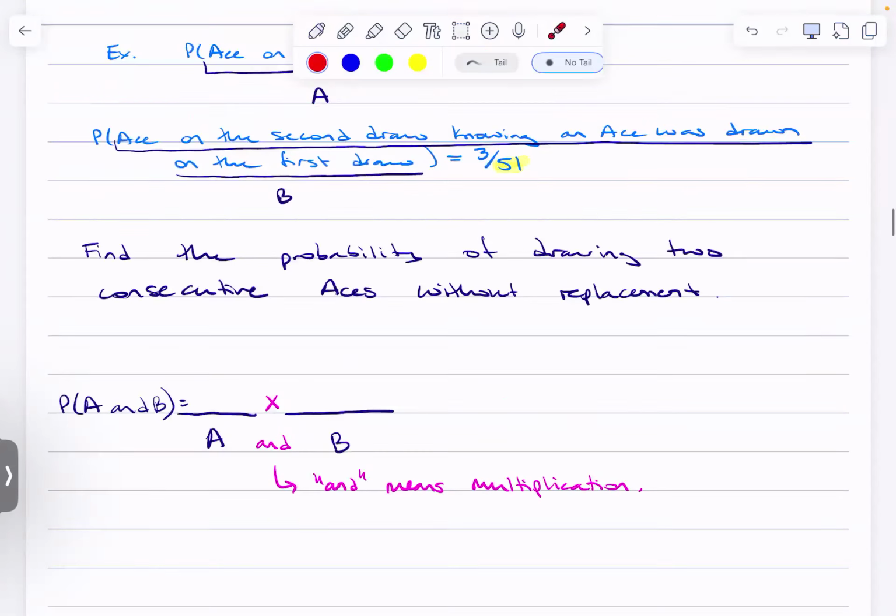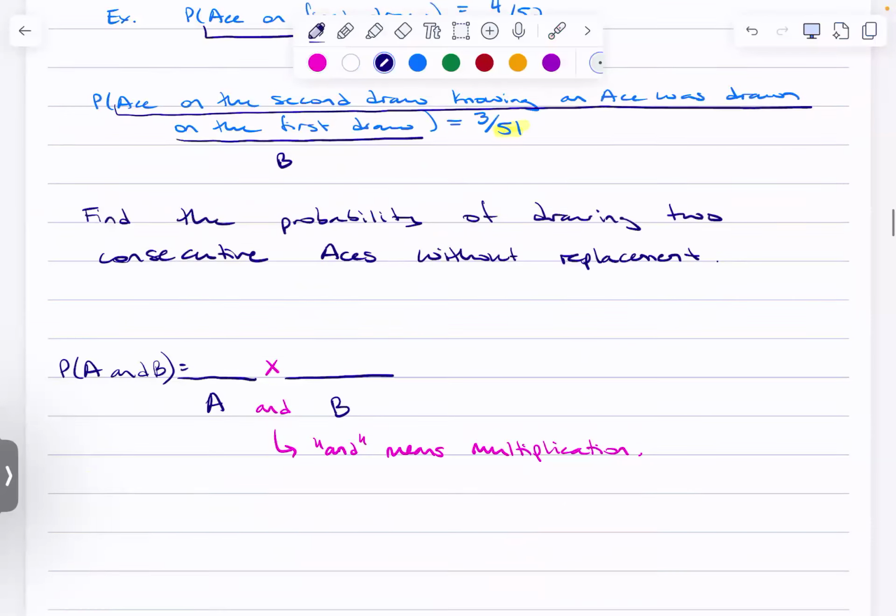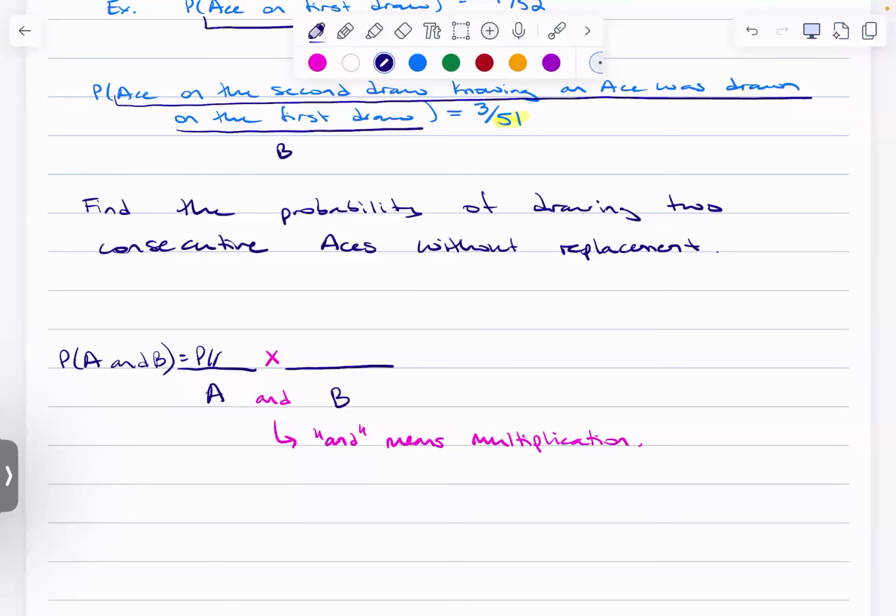What I'm going to do is I can have the probability of A here and the probability of B, and I can multiply these to find the probability of A and B. So here, this becomes the probability of A times the probability of B.